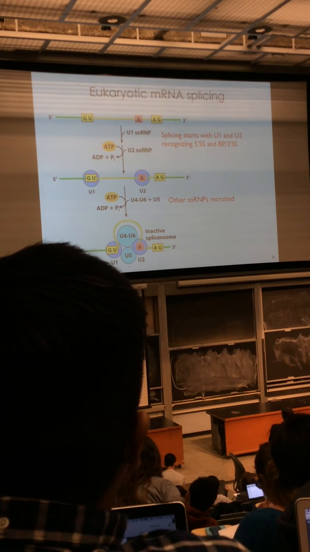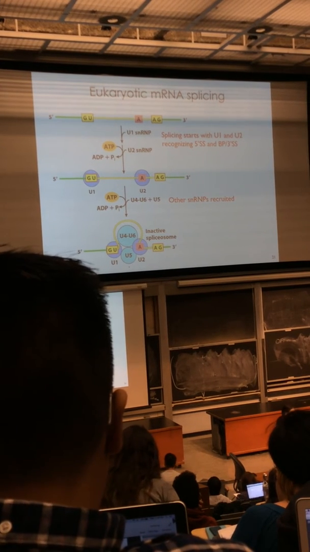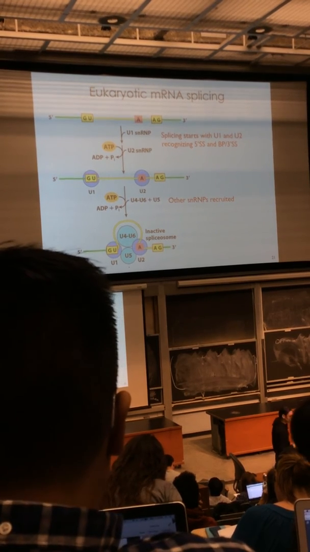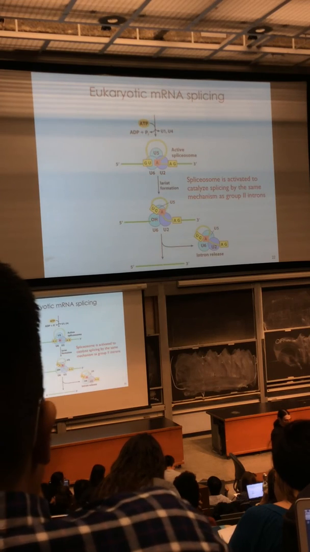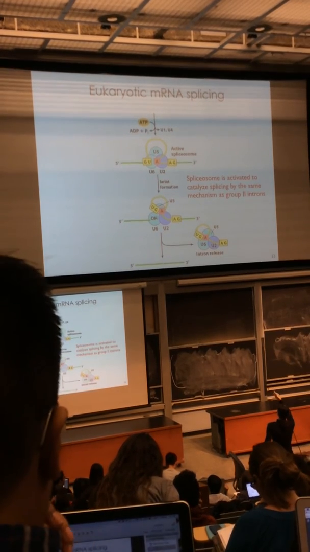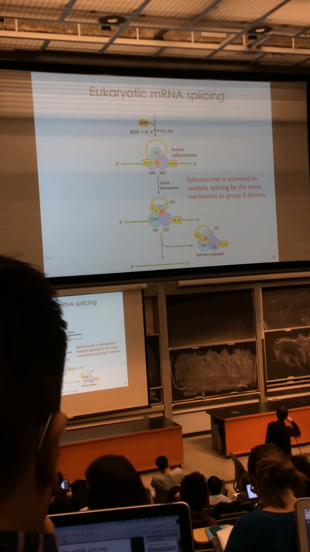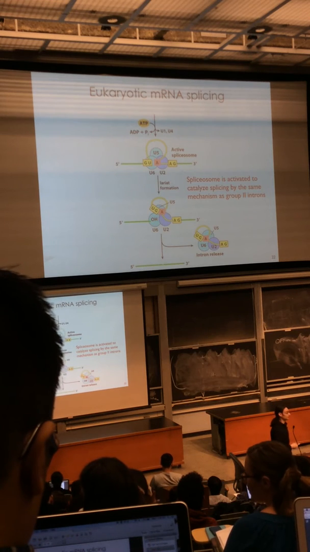Once these have been recognized, the other snRNPs are recruited. U5 comes in, and U4 and U6 come in together in a complex. And so this is all assembled. And then the next step is the removal of U1 and U4. Again, this is an ATP-dependent process as well, and it actually generates an active spliceosome.